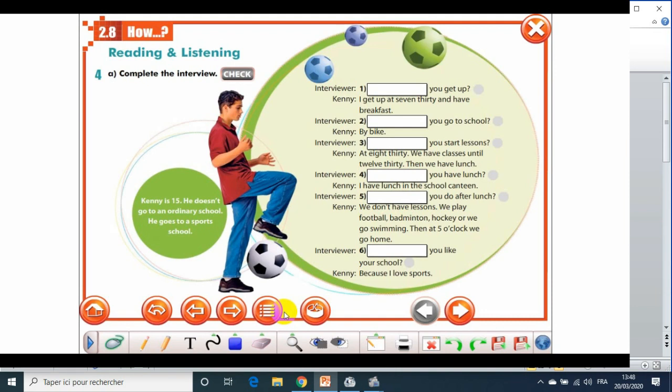Page 43, exercise number 4. Complete the interview with the right WH question. Okay, look at the table you have.